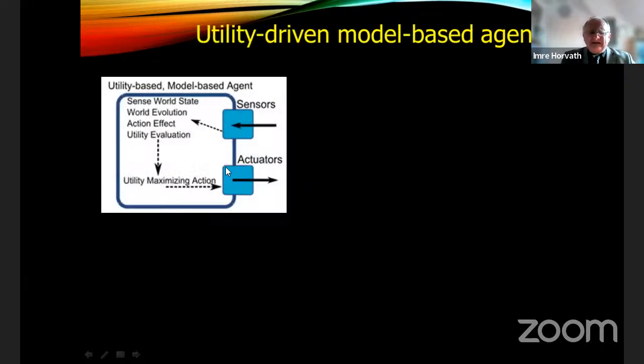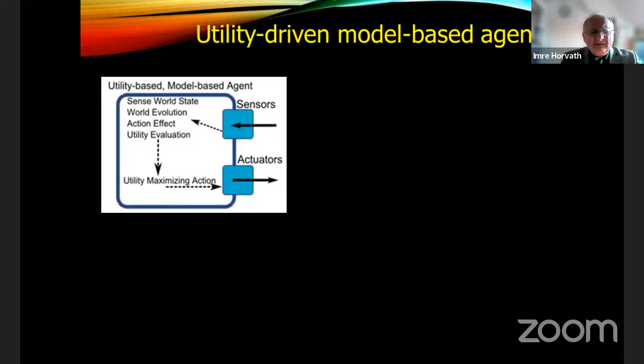The utility-driven model-based agent can be described by the scheme. Here, instead of direct rule activation, there is a utility maximization action before controlling the actuators.